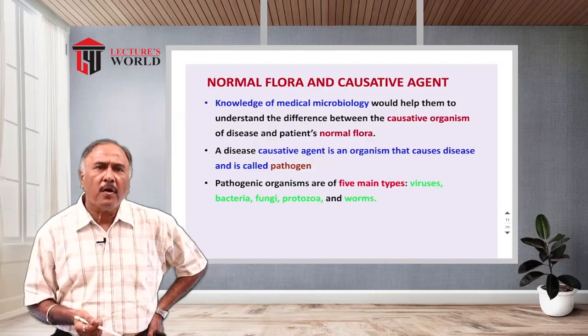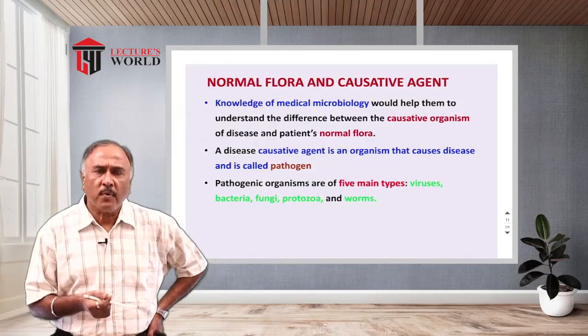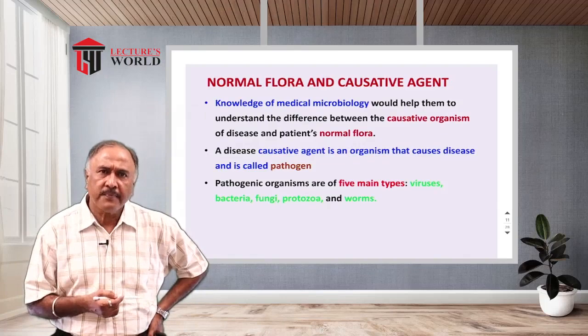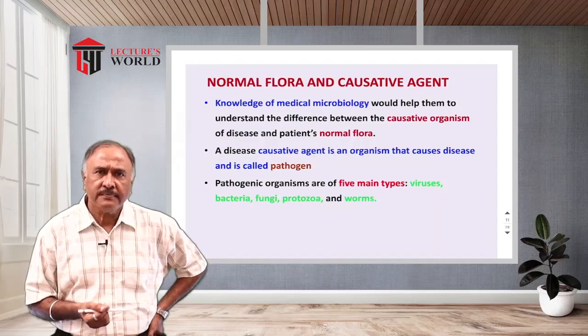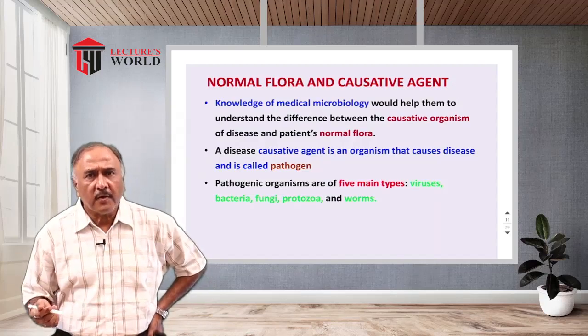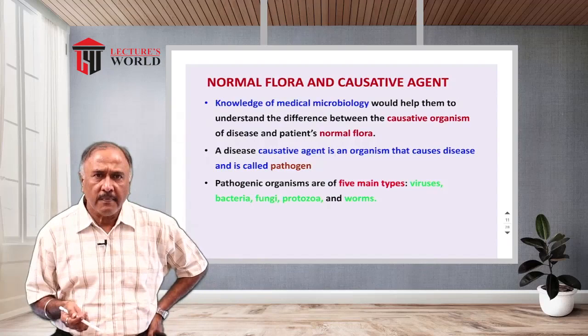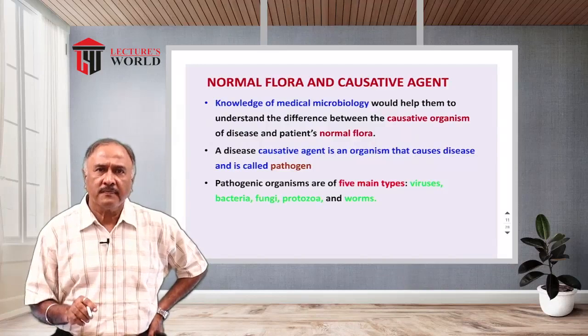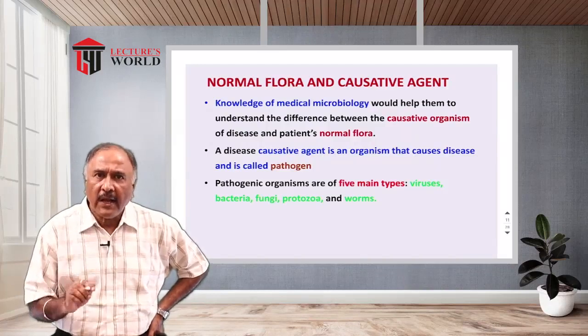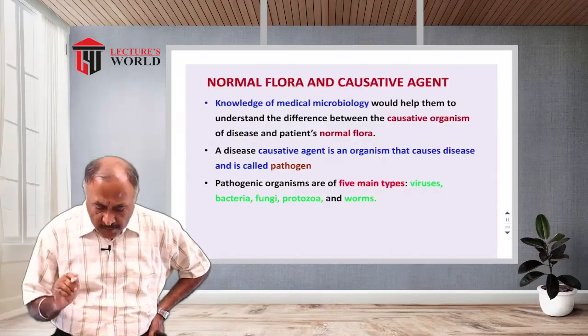Similarly, streptococci on our skin are always there. The presence of various types of yeast and many other organisms is there on our skin. These kinds of organisms which are normally present are known as normal flora.